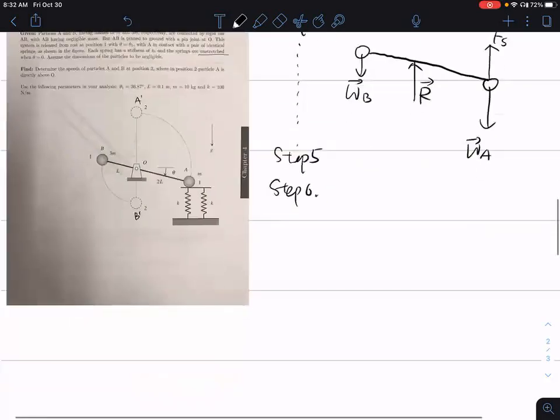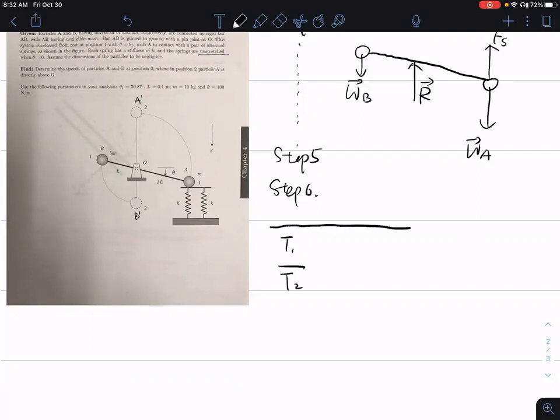So let's start from step 6, the kinetic energy table. How many masses do we have? We have 2 masses, so make sure you label them as MA and MB. At position 1, if you read that problem carefully, you will notice the words released from rest.